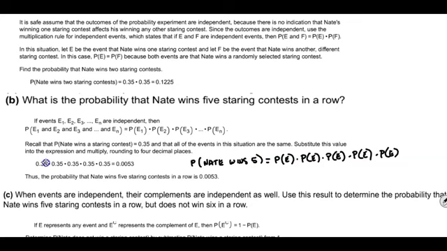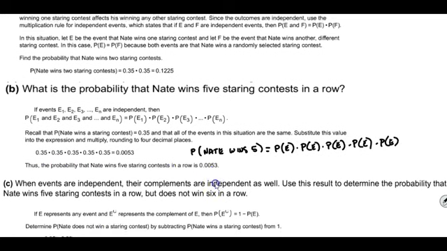And so each event is 0.35. So we're going to take 0.35 times 0.35 times 0.35 times 0.35 times 0.35, which gives you 0.0053. Therefore, the probability that Nate wins 5 staring contests in a row is 0.0053.